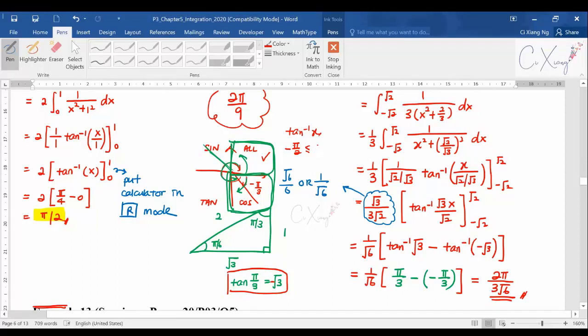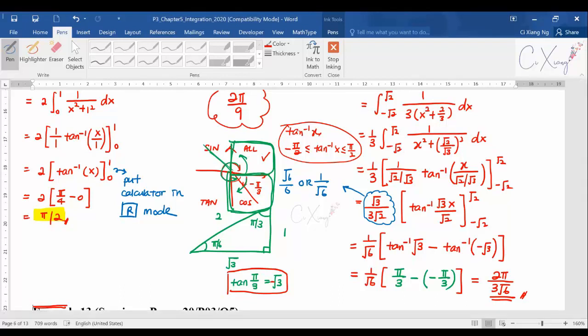It should be the range. So the range of tangent inverse should be from negative pi over 2 until pi over 2. This is quite important, although we didn't cover it here, for you to get the solution for the integration.